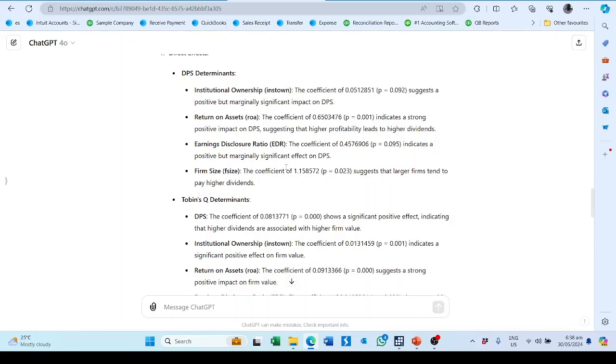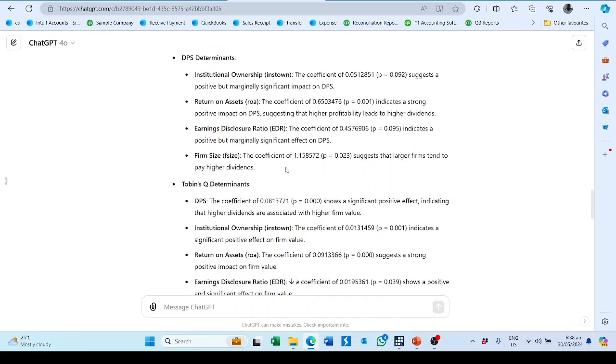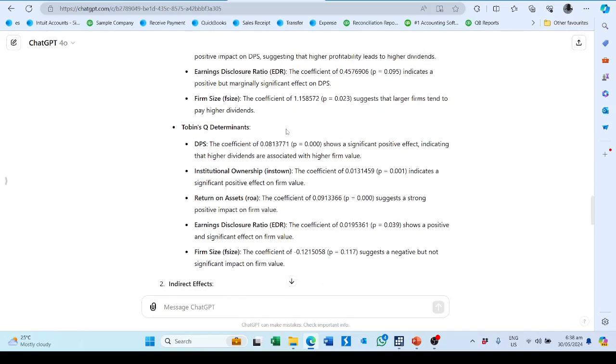The direct effect of institutional ownership, like I've already said, suggests a positive but marginally significant impact. But since our threshold is 5%, I think it's not a significant impact. It's interpreting based on a 10% threshold, but we can always give a prompt to direct it further.